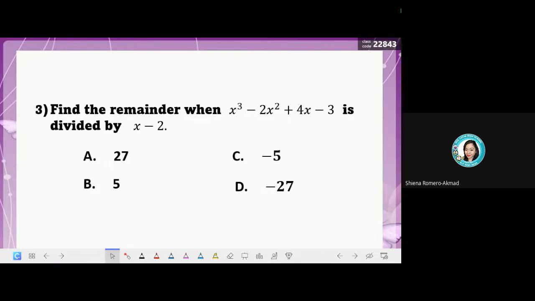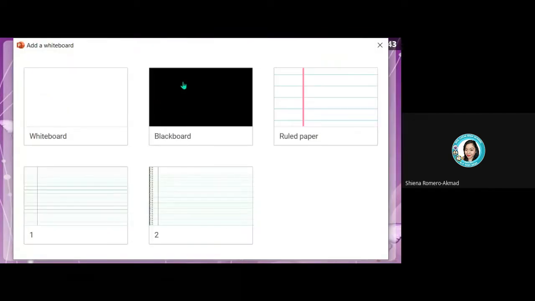Okay na? Ko talaga i-try yung blackboard. Kasi wala tayong white na ano eh. Ayan. So, what is the given? Can you please type the given?